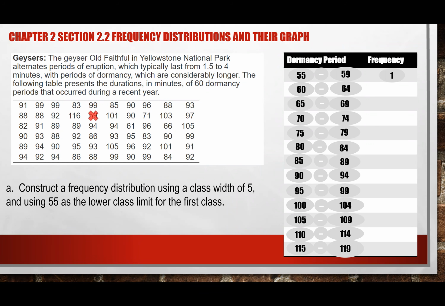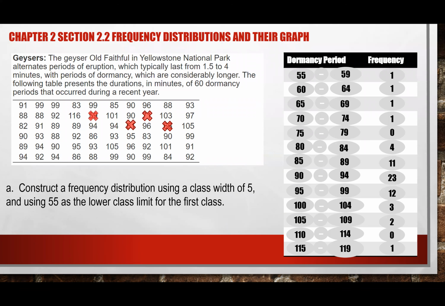How many between 60 to 64? Only one, which is 61. How many between 65 to 69? 1. Between 70 to 74? 1. And there's no data between 75 to 79.